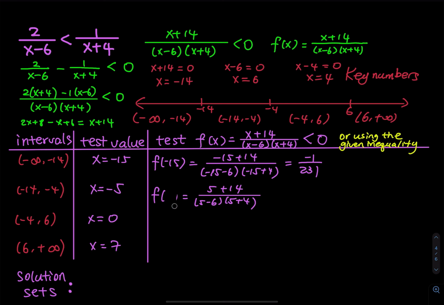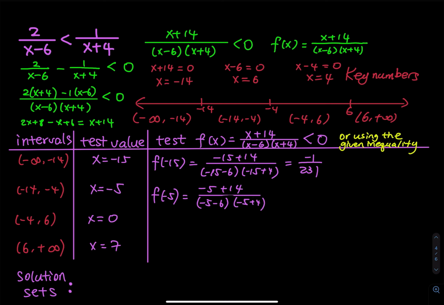Okay, my mistake. Let me fix it. Now f of 3 is 3 minus 2, which is positive, then 3 minus 6 is negative, and 3 minus 4 is negative.